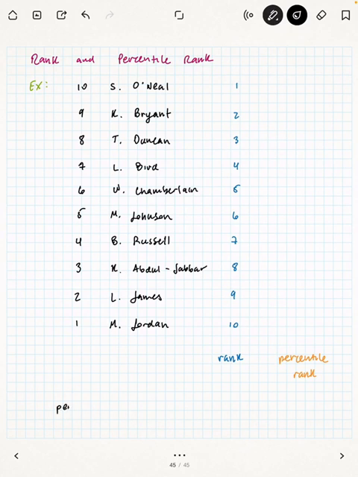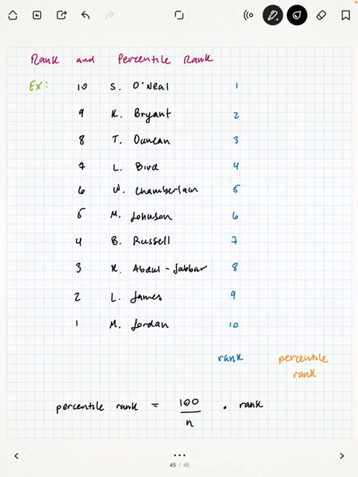So the percentile rank is just our rank multiplied by this ratio: 100 divided by n, or our sample size. Percentile rank is not always going to be a whole number, but when we do get a whole number, it'll be nice and easy to understand still.